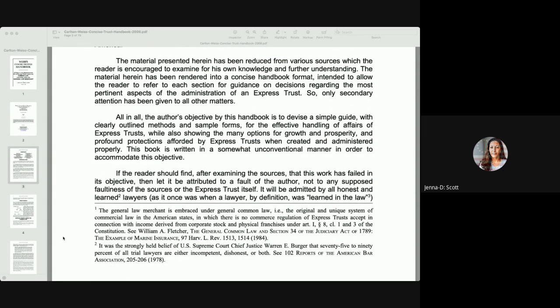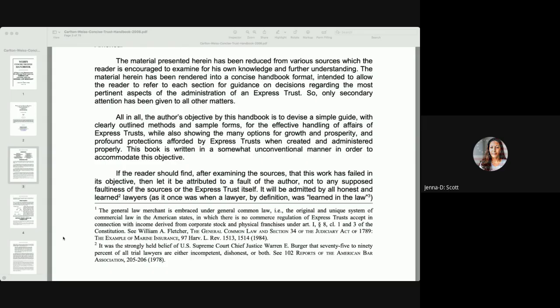The material presented herein has been reduced from various sources, which the reader is encouraged to examine for his own knowledge and further understanding. The material herein has been rendered into a concise handbook format, intended to allow the reader to refer to each section for guidance on decisions regarding the most pertinent aspects of the administration of an express trust. So, only secondary attention has been given to all other matters.